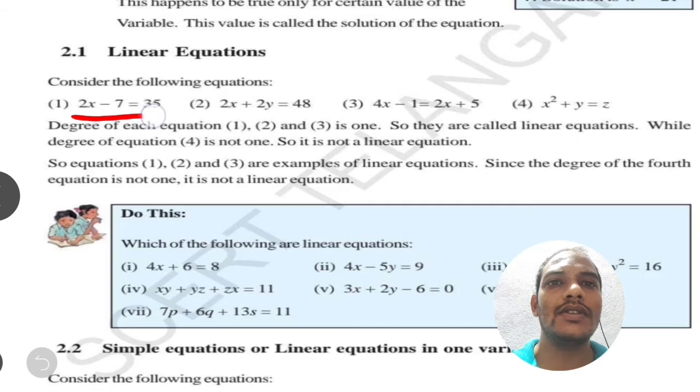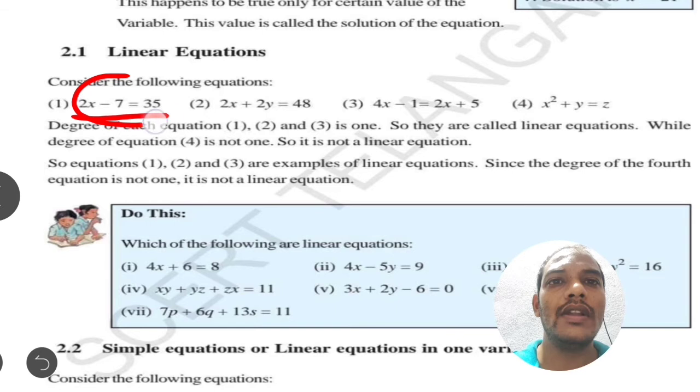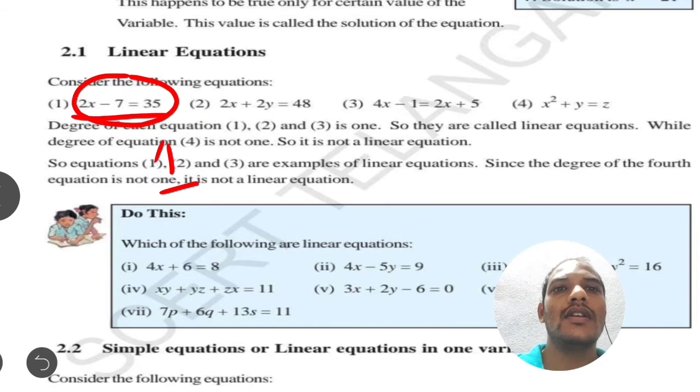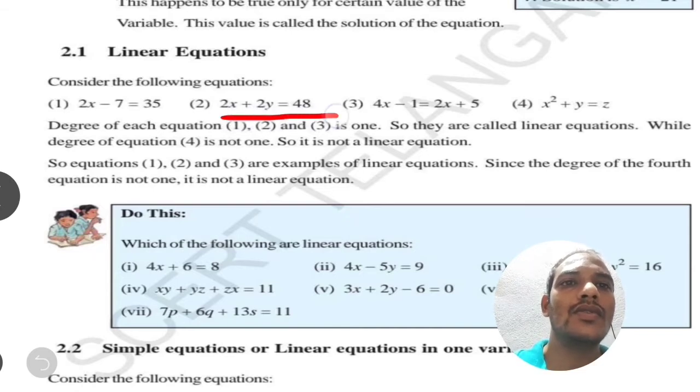Here the first one is 2x minus 7 equals 35. There is only one variable in this equation, so its degree is very clear, it is 1. So definitely it is an example of a linear equation. Next, second example, 2x plus 2y equals 48.